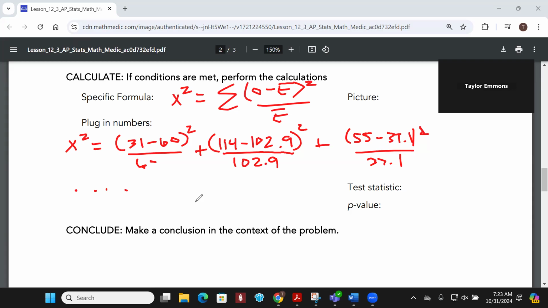On your FRQ, you can't skip this. Then we've got 10 minus 27.9 squared divided by 27.9.